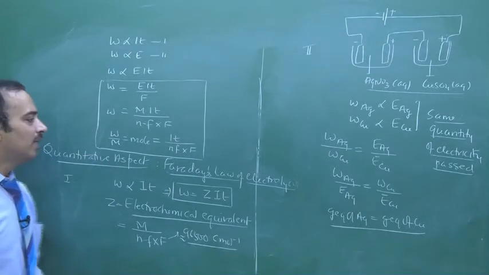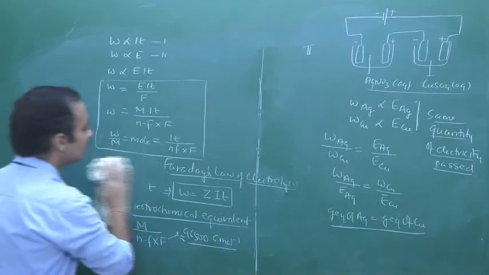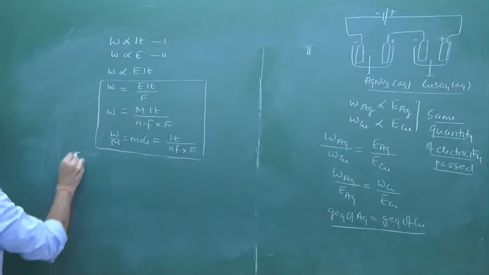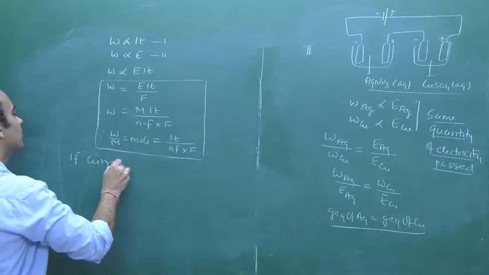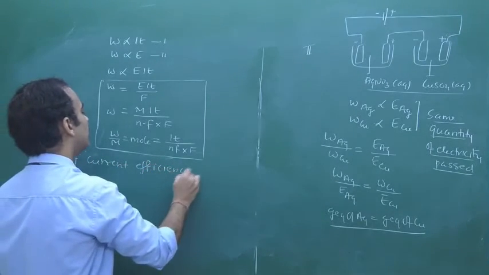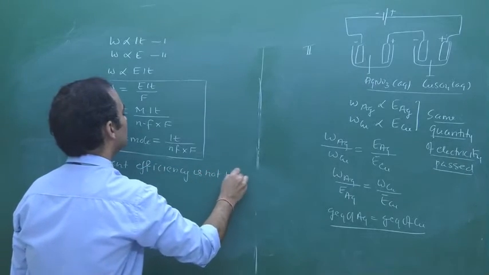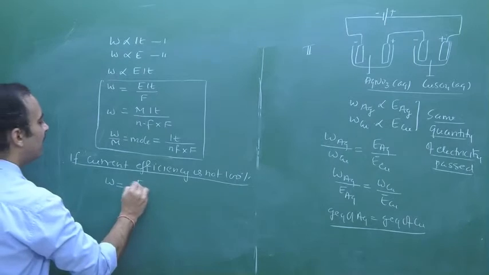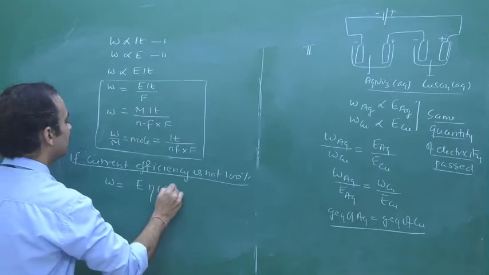Is it clear? Now, if current efficiency is not 100%, beta, in that case, we have to write the formula as this one.